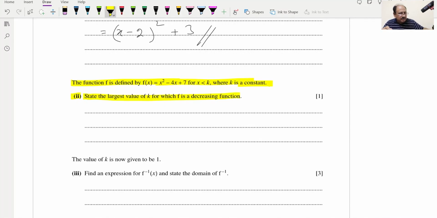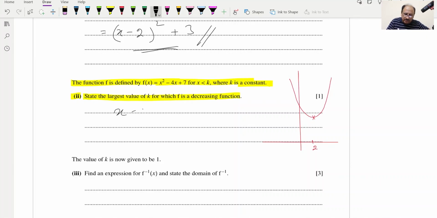Now we can check by drawing a rough sketch. This is our coordinate axis, and our quadratic curve will be like this one, and this point will be, x value 2 and y value 3. From where are we getting these values 2 and 3?